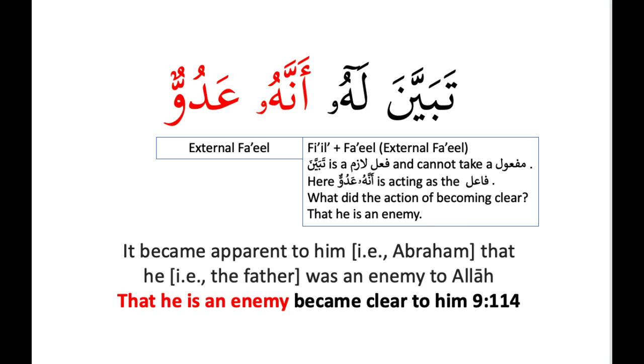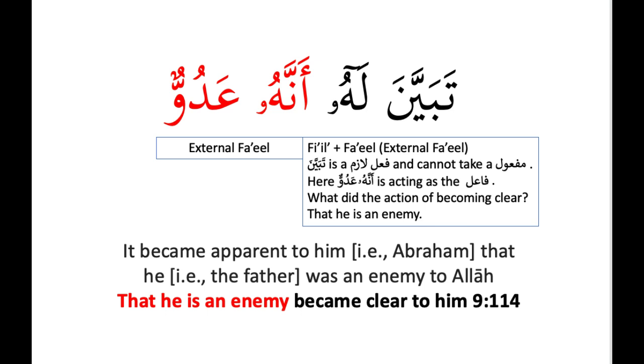So now the meaning would be something like that. That he is an enemy has become apparent to him, has become clear to him. So tabayyana has got hidden file, which is it here, but it is replaced by external file annahu aduun. That he is an enemy is made clear to him.